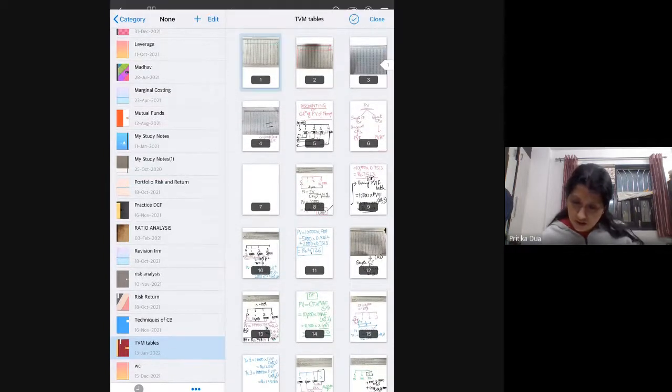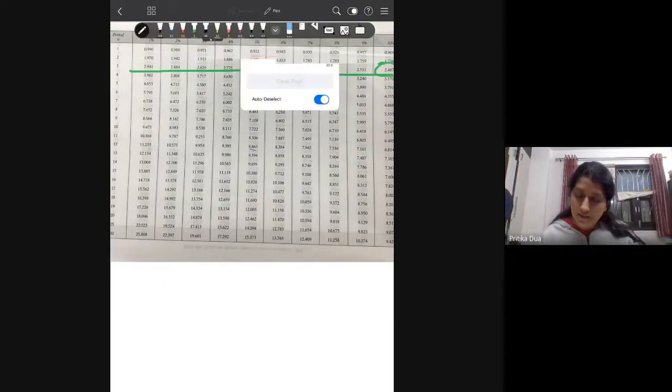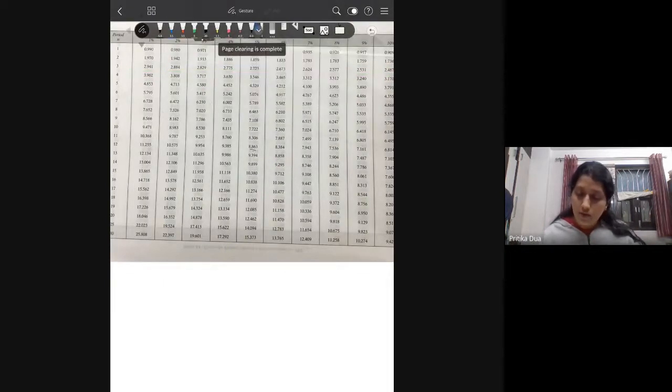So yes, this was the PVAF table. I have a value of 12.3. What I know is that 8 years is the time period of this investment.